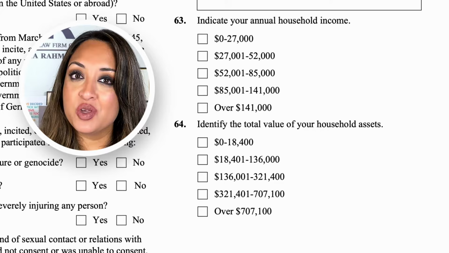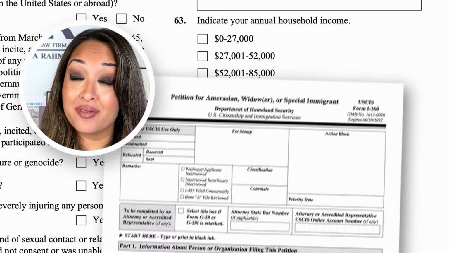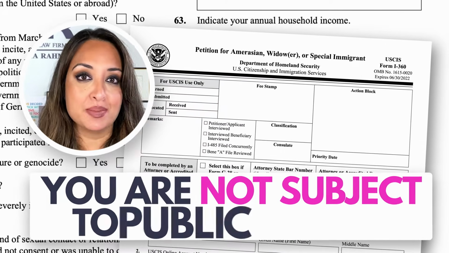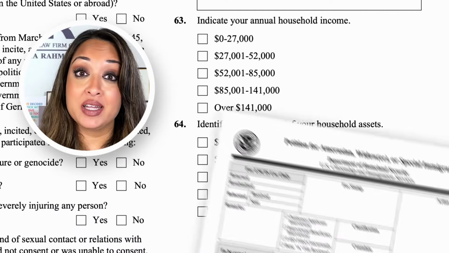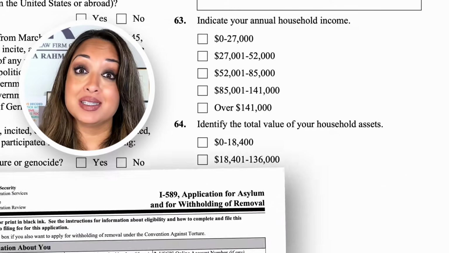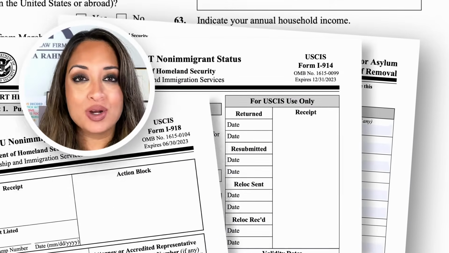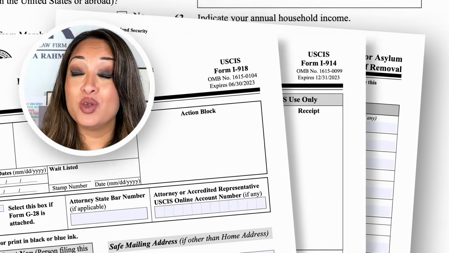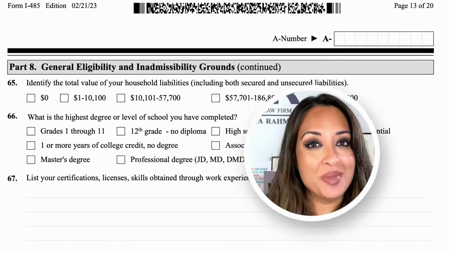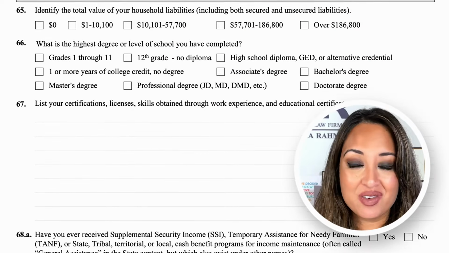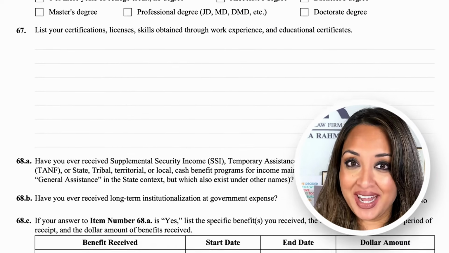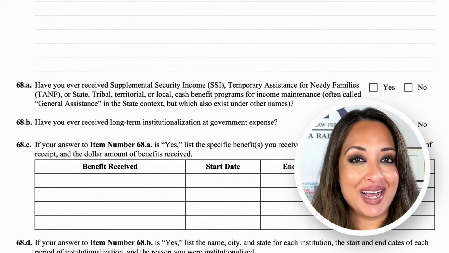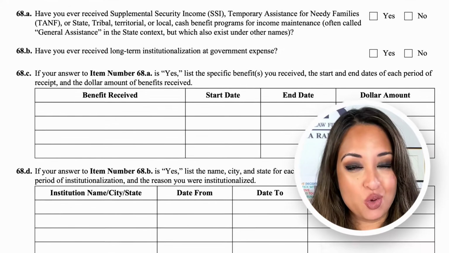For example, if you are filing for a green card based upon VAWA, you are not subject to public charge. Next, if you are filing for a green card based upon asylum, a T visa, or a U visa, you are also not subject to the public charge. But if you are subject to the public charge, you must continue to fill out all of this information regarding your education, your income level, your assets, and your liabilities, and so on and so forth.